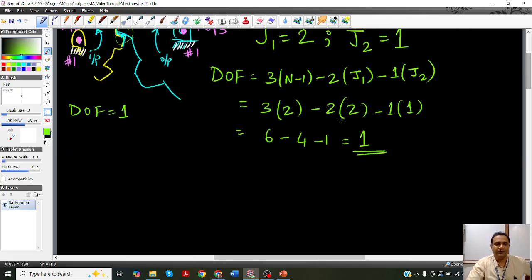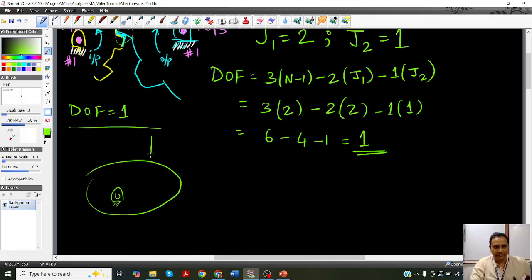Similarly, I would suggest you go through something known as a cam follower. If this is a cam, if there is a point contact here and there is some form of translation possible, so when I rotate this, this will go up and down.